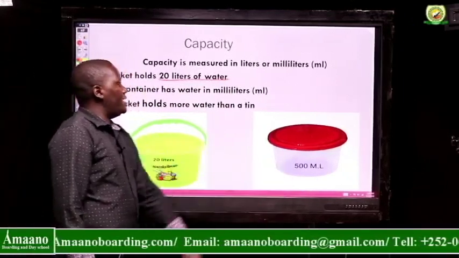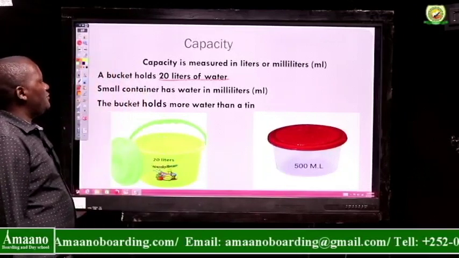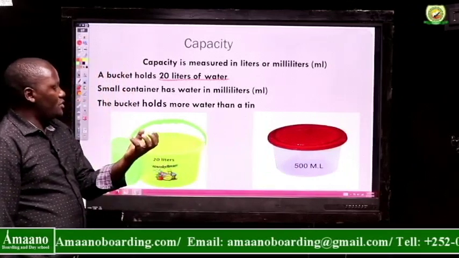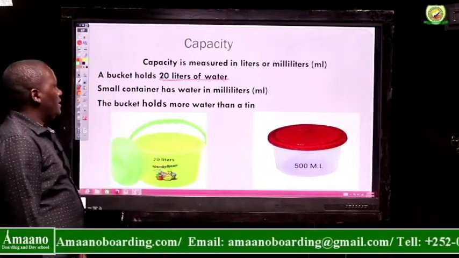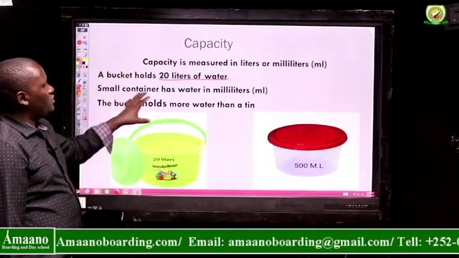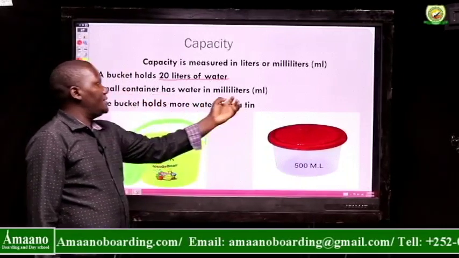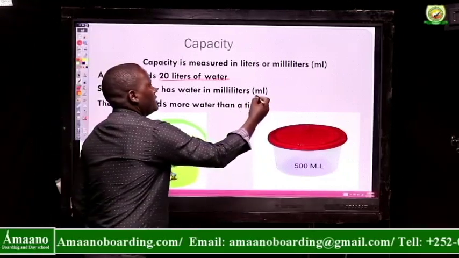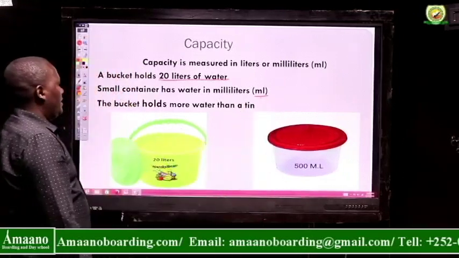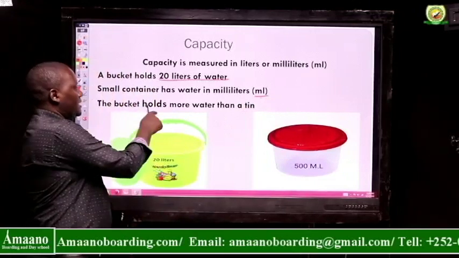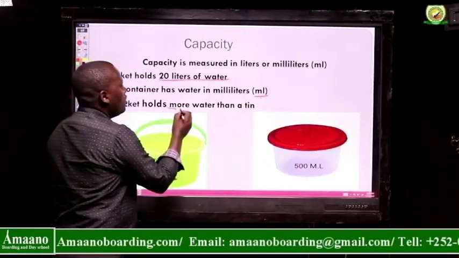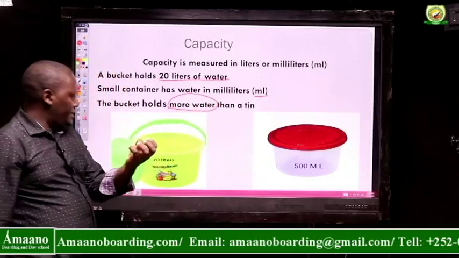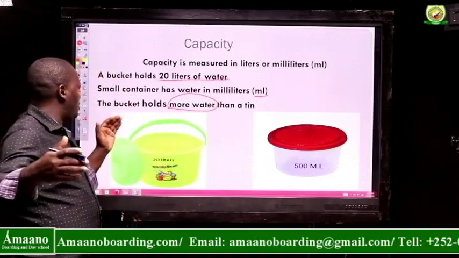This small container holds 500 ml, which means it can hold a small amount of water. That's why we say that small containers have their capacity measured in milliliters. That means this bucket holds more water than a tin. A tin holds less and a bucket holds more.